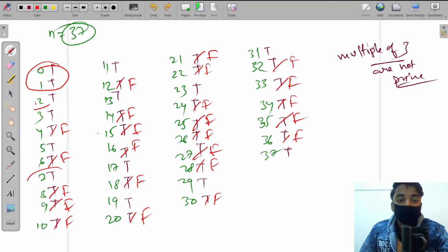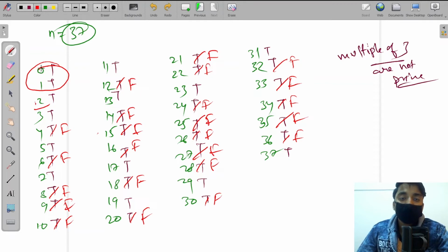Now it will go to 7. 7 is true. This means multiples of 7 should be false. Multiples of 7 are 14 already false, then 21 already false, and then 28 already false, and then 35 already false.